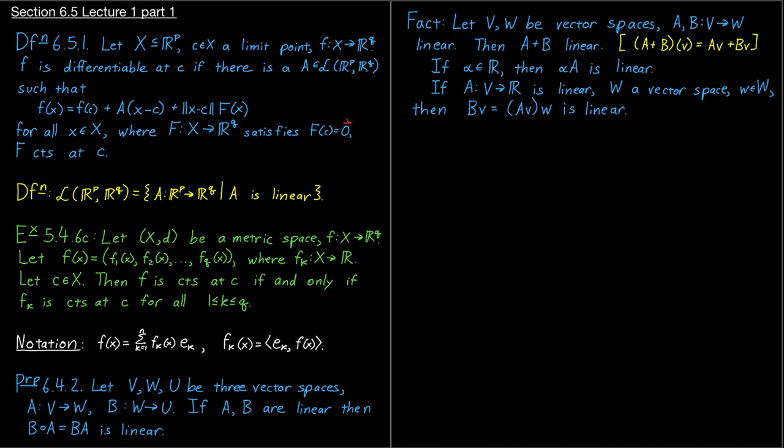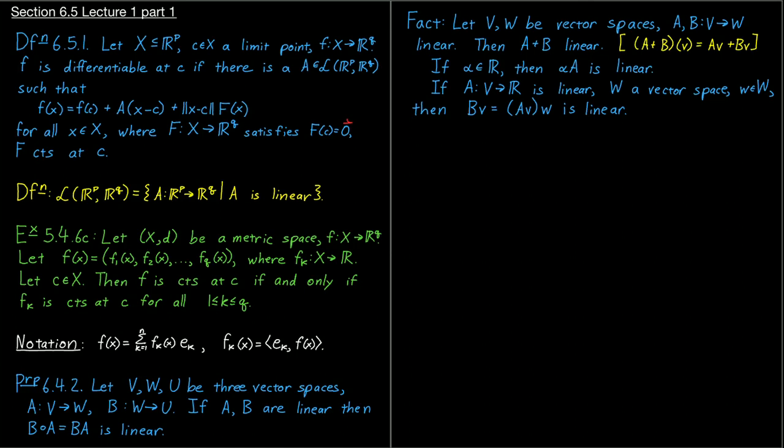You can think of this as a lot like the previous result. You're multiplying by a constant. It's just that now the constant W is the vector and the function AV, that's the function.